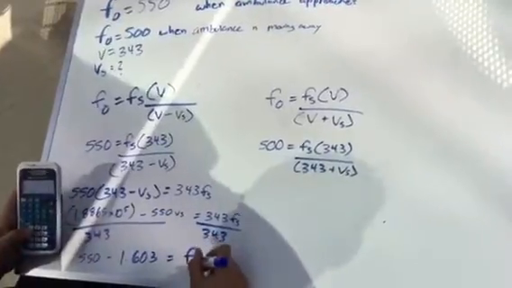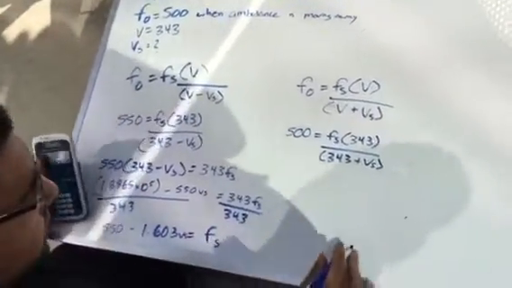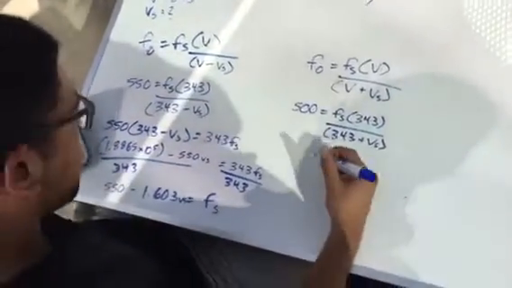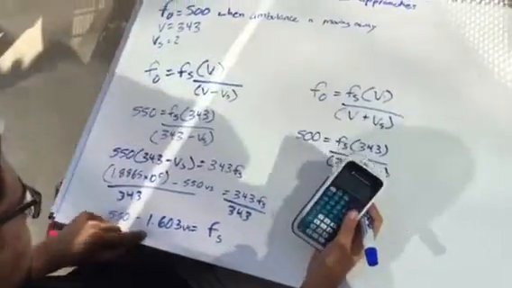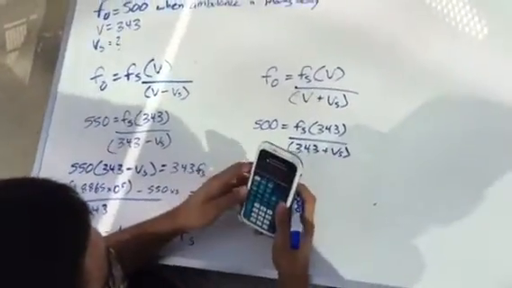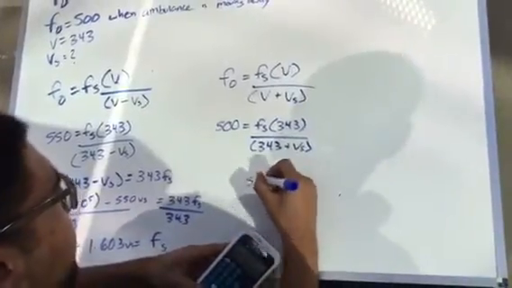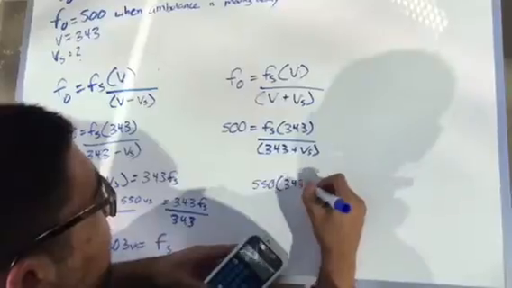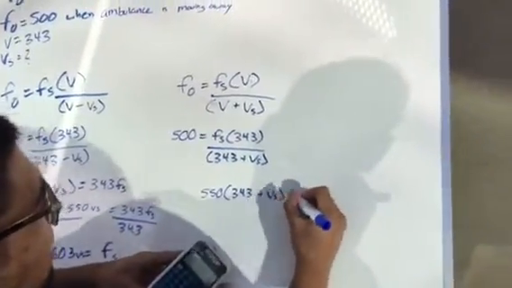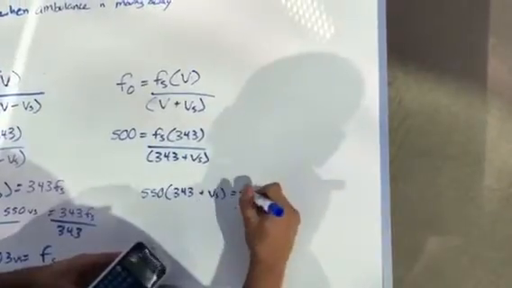So we have that, and then on the other side we're going to do the same thing. So 500 times (343 plus Vs) equals Fs times 343.